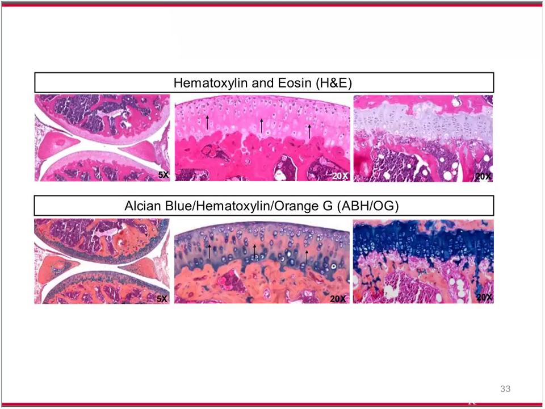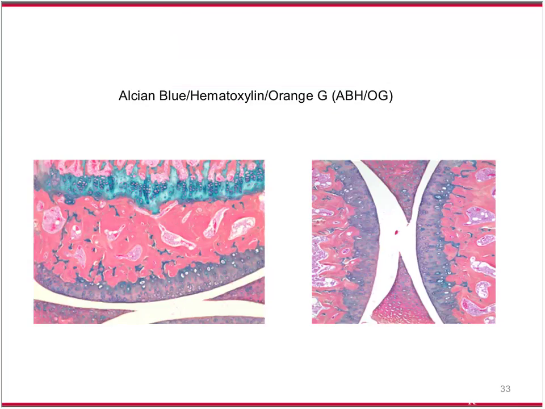And below, we have Alcian blue hematoxylin orange G. The top and the bottom are both done with formic acid as a decalcifying agent, and that would have been a 5-day decalcifying process. This is Alcian blue orange G decalcified with 14% EDTA, pH adjusted with glacial acetic acid to 7.36.